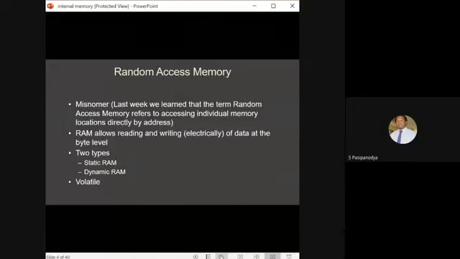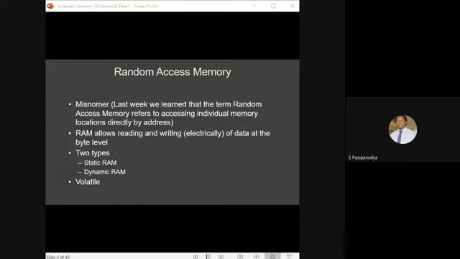So let us start off with the first type of memory. The first type of memory is known as random access memory. When we looked at the basic structure of a computer, the Harvard machines, the Turing machine, we briefly looked at memory addressing as well as memory access.